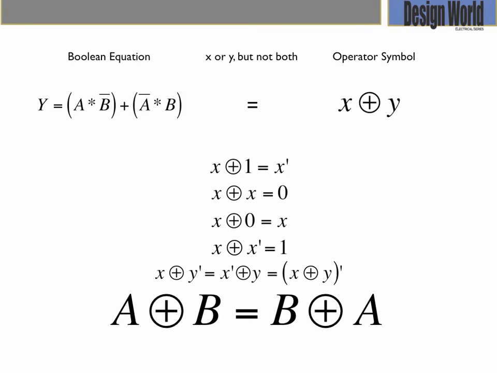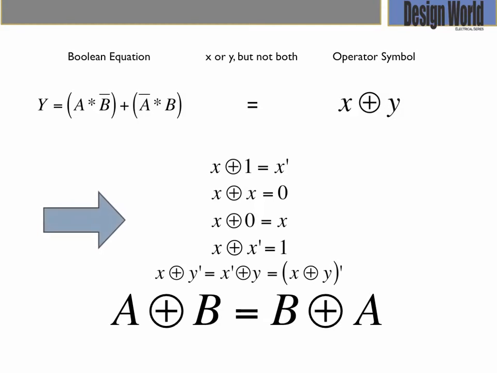Exclusive OR is denoted by the symbol plus inside of a circle and is a logical expression that performs the Boolean function shown. It is equal to 1 if only x is equal to 1 or if only y is equal to 1, but not when both are equal to 1.